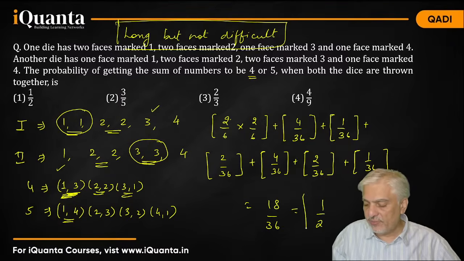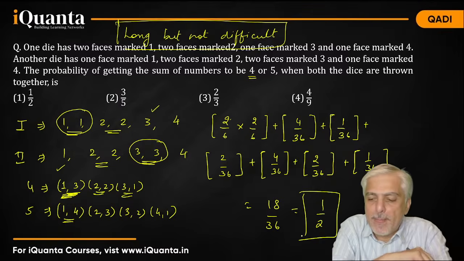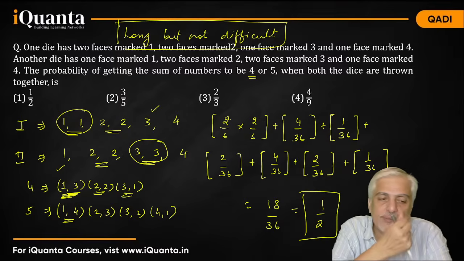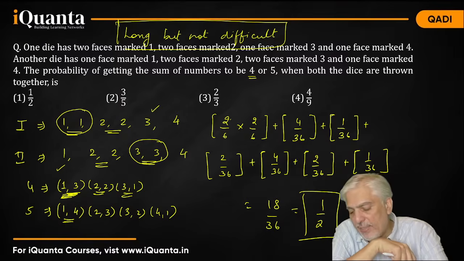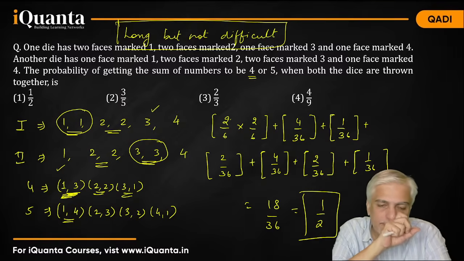Answer is half. Clear? As I said, it was a slightly long sum, but an easy question. Yeah, you can make a grid and do it also. No problem.